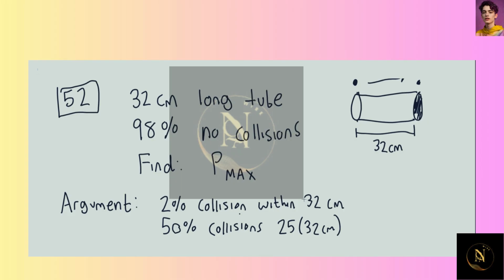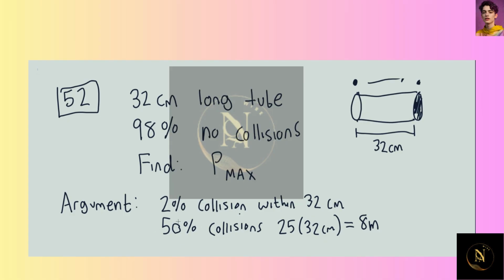And this is about 8 meters. So follow this step from this step to this step. For 2% to have a collision within 32 centimeters, if we want to have 50% getting a collision, it must be within 25 times 32, which is 8 meters.